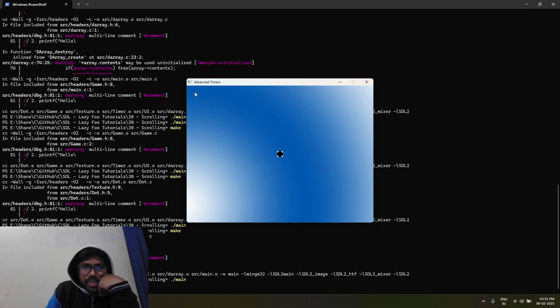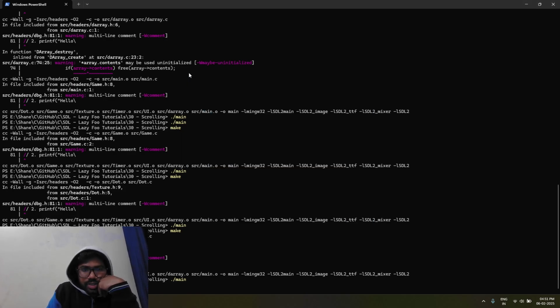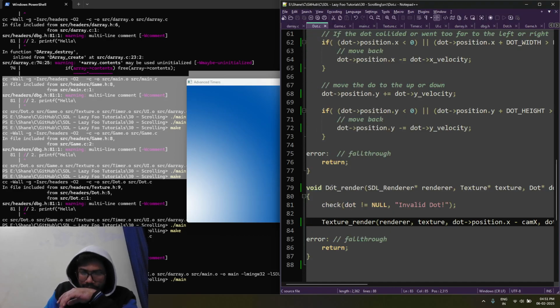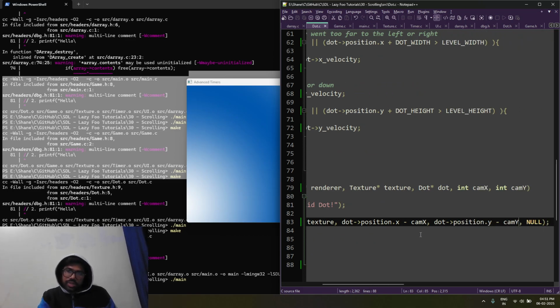Okay, so x comma y. This is halfway here, right? 640, and the camera hasn't moved relative to the dot. Render texture: dot position minus camera position, dot position is the camera position.